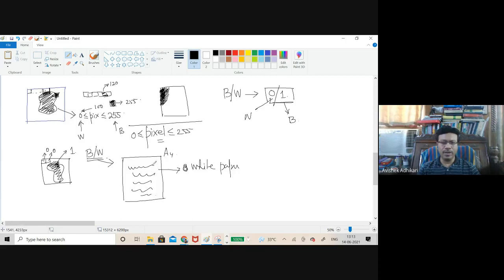So you may not be able to distinguish between these two. That means there will be a contrast difference problem. You will not be able to visualize this because there will be less contrast difference. But if it is on white, then suddenly there will be a huge contrast difference. It's completely white and this is black.